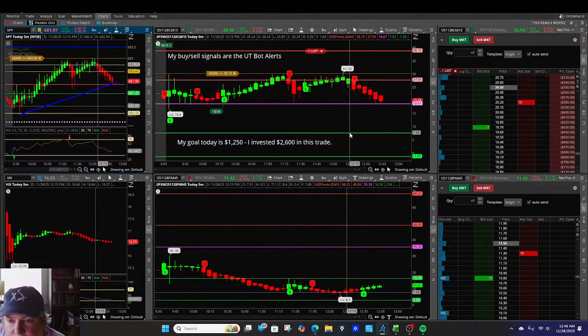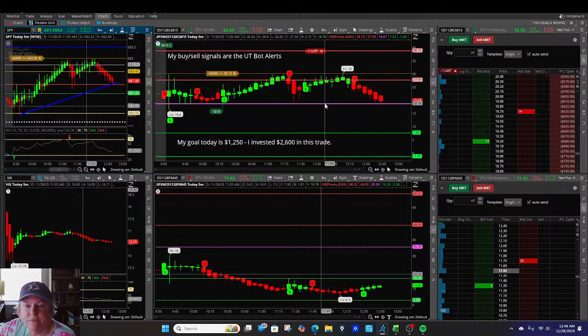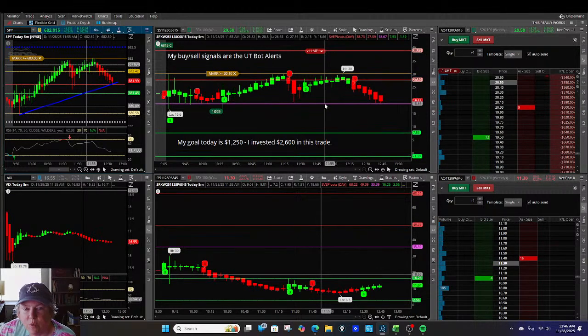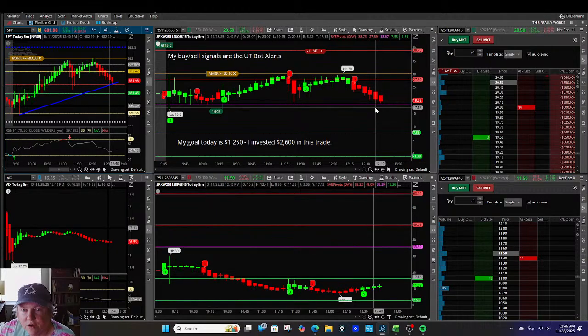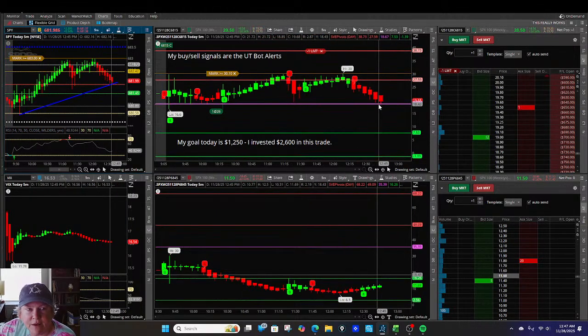This 1867 purple line, that seems to be a major support line. So we want to see the next candle to be green because it's going to bounce off that.